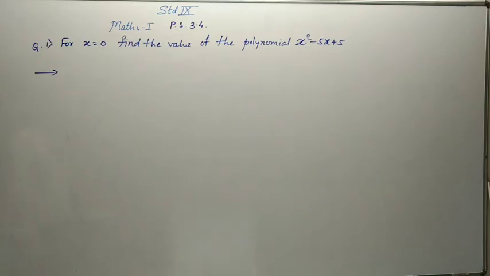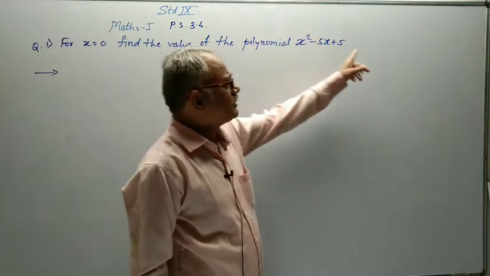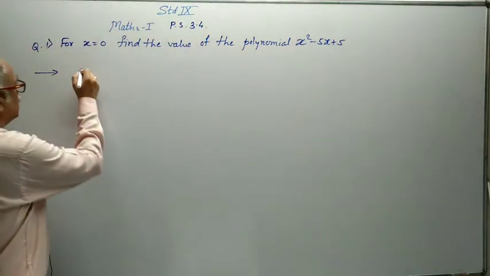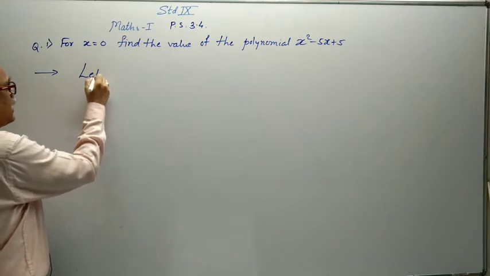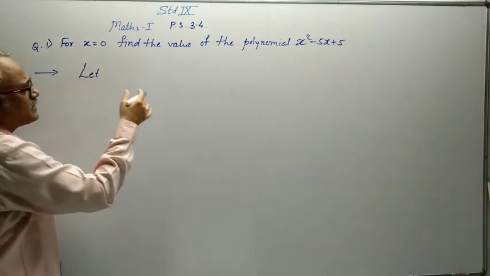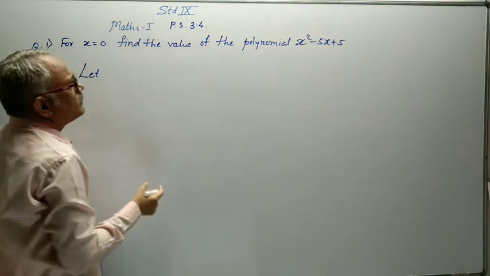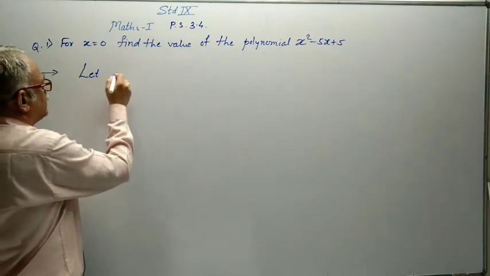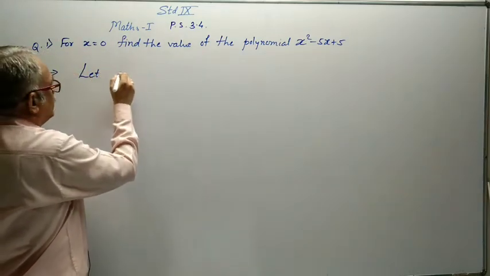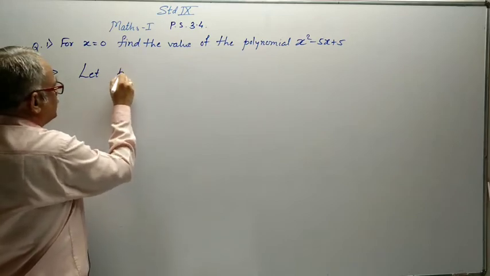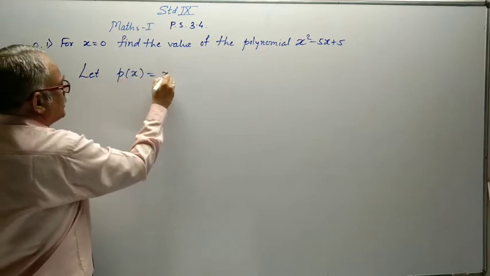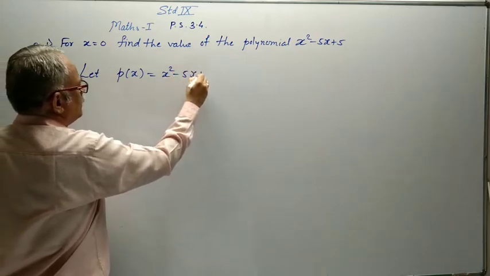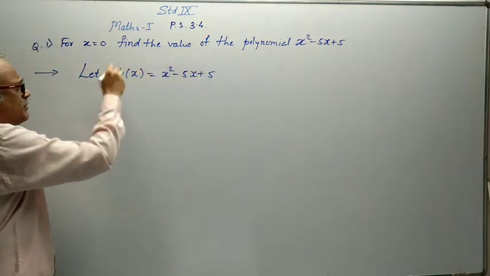Now practice set 3.4. For x equal to 0, that is at x equal to 0, find the value of the polynomial x square minus 5x plus 5. How to solve? The systematic method is to assume the given polynomial as p of x or q of the variable. Let p of x equal x square minus 5x plus 5. This given polynomial is p of x.